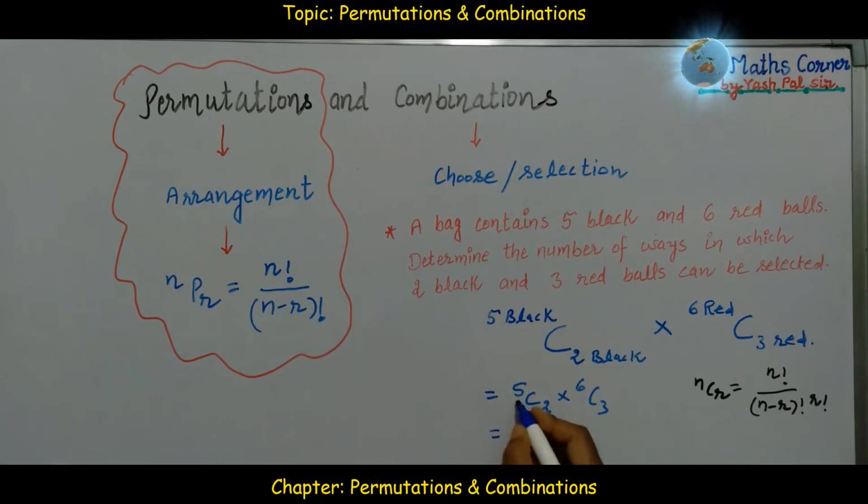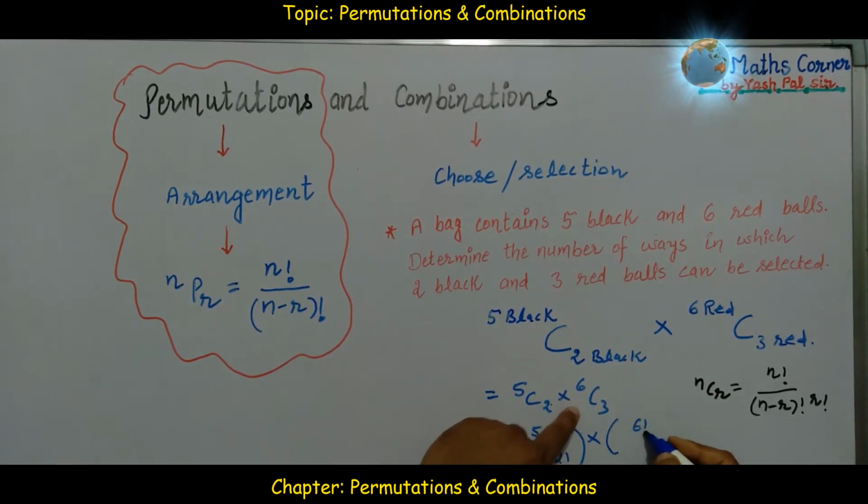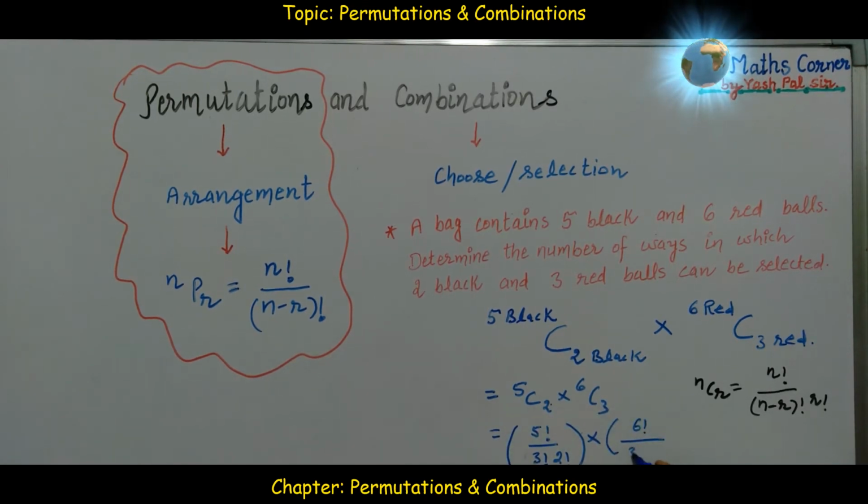This is equal to 5C2, meaning 5 factorial divided by 5 minus 2 is 3 factorial into 2 factorial, first, into 6C3, meaning 6 factorial divided by 6 minus 3 is 3 factorial into 3 factorial.